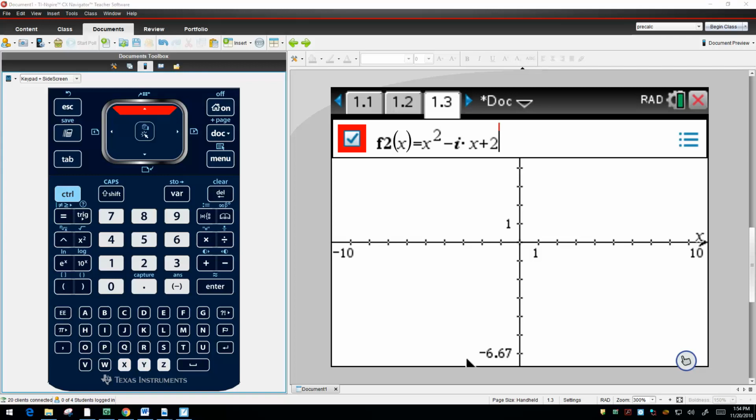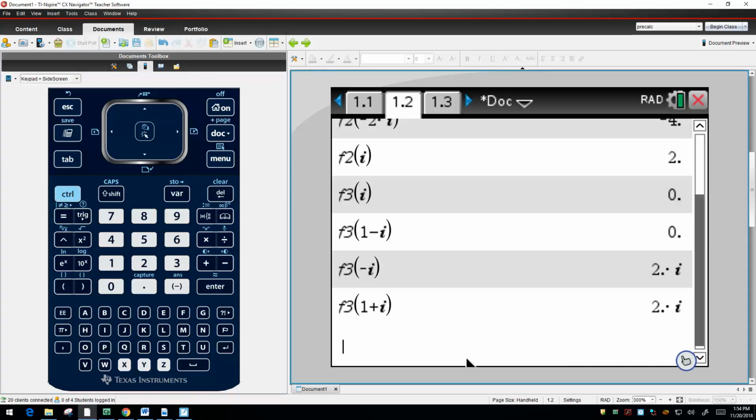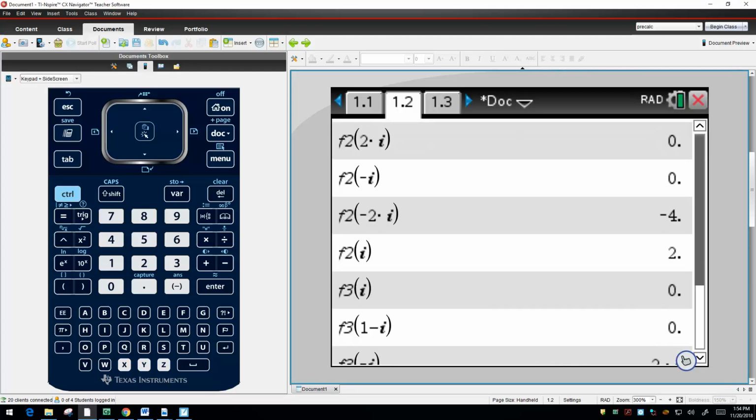So rather than evaluating it and doing the algebra, I used my calculator and typed in my function, and it wanted us to evaluate it at 2i. When I evaluate the function at 2i, I get a 0. That's good. We're trying to show and verify it's a 0. When I evaluate that function at negative i, I also get a 0. But now it says, are the conjugates 2i and negative i also zeros?